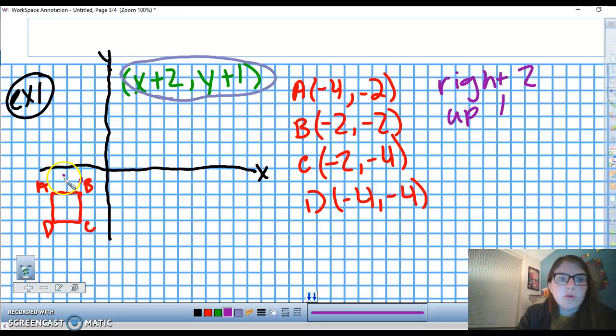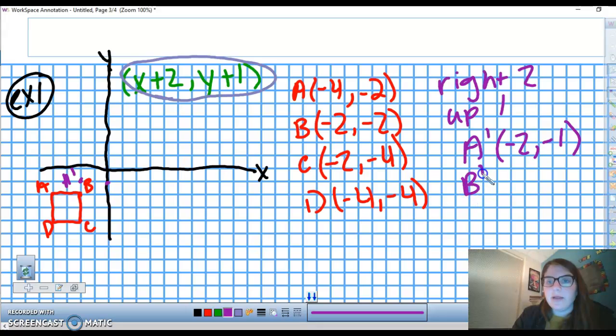So this is my new A prime. A prime is the ordered pair -2, -1. B prime, I'm going to move right 2 and up 1. So B prime would be the ordered pair 0, -1.